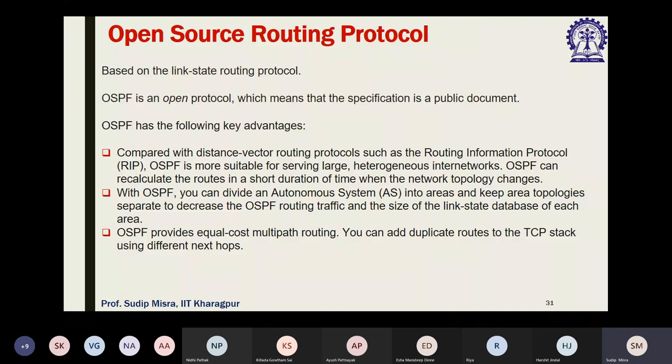You can think of it this way: RIP is designed for smaller networks, where the routing domain is small, and there RIP is useful. Whereas if you are going for a bigger network, a bigger scale routing scenario, then OSPF would be better.